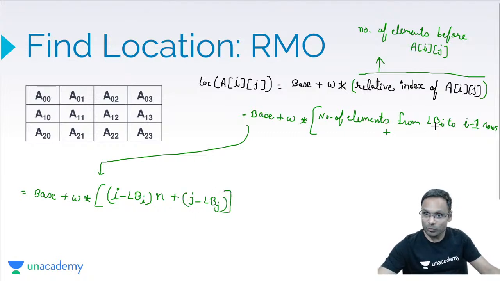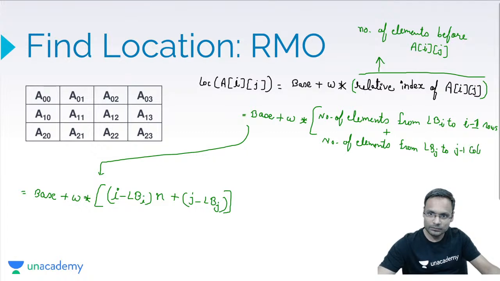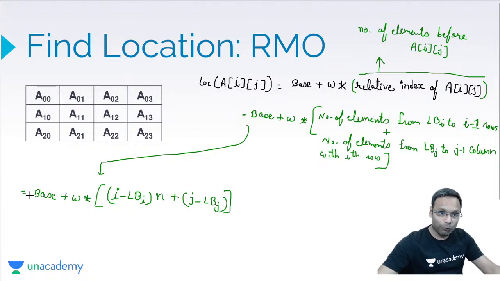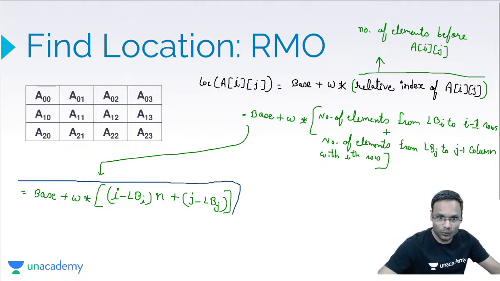Number of elements from lower bound of I to I minus 1 rows plus number of elements from lower bound of j to j minus 1 column within ith row. And this is the formula for location in the row major order.